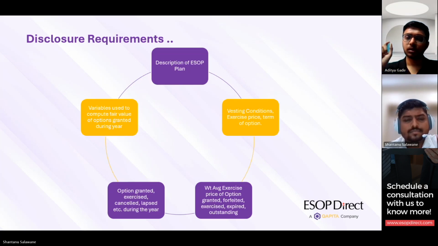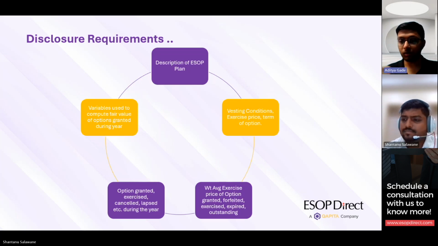In that case, the user of the financial statement can understand what the cash inflow would be in future when the employees exercise the option. Let's say instead of 10 rupees, we grant an option at 100 rupees, which is the current market price. So the inflow would increase in future. That's why it is critical for the user of the financial statement to understand that.